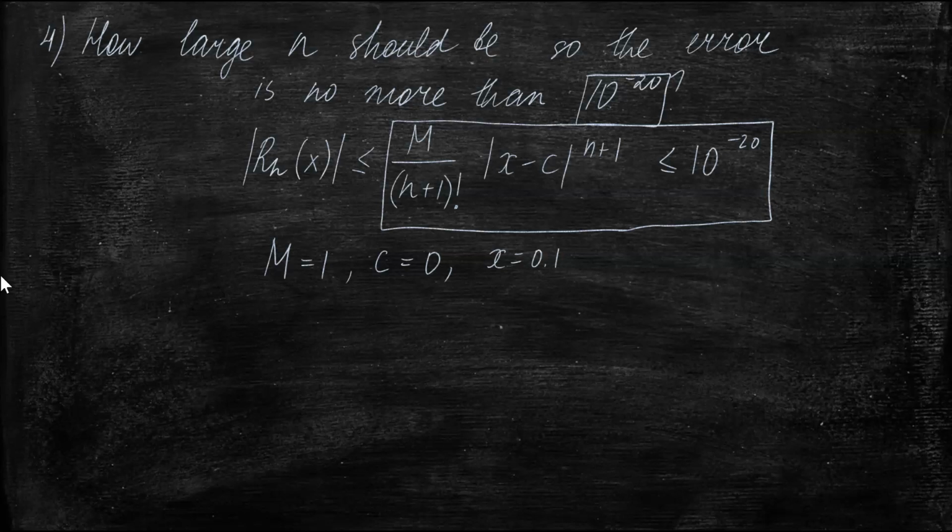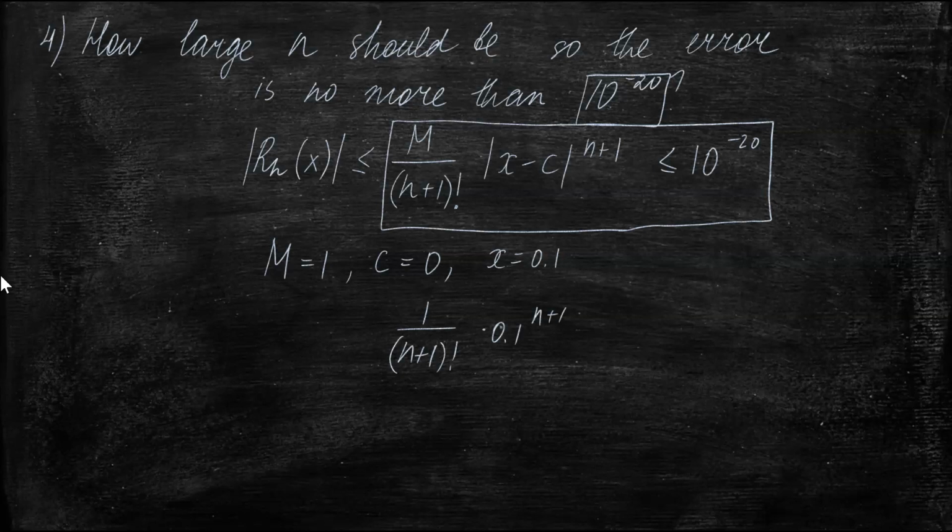So to solve this inequality, we just plug everything in. So instead of m, we put 1. We don't know what n is. We're looking for n, so we're going to leave n alone. Instead of c, we put 0. Instead of x, we put 0.1.